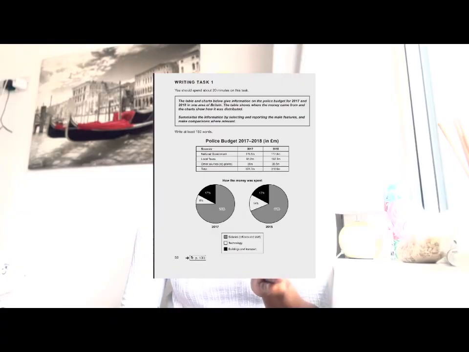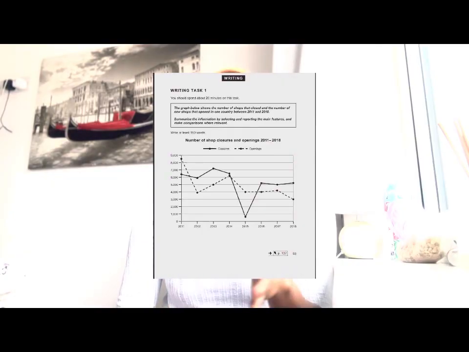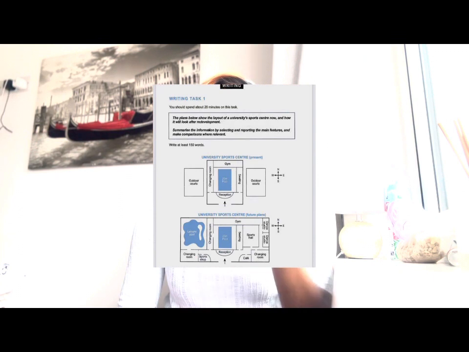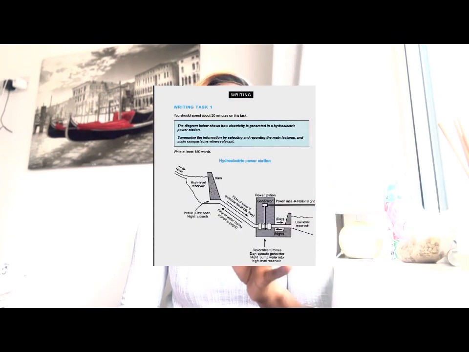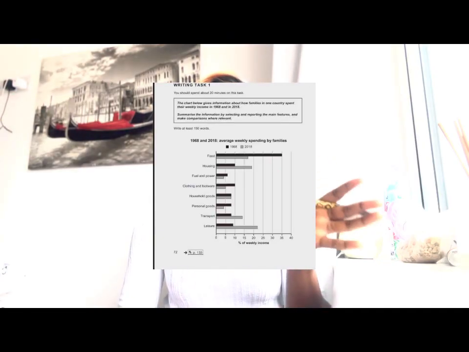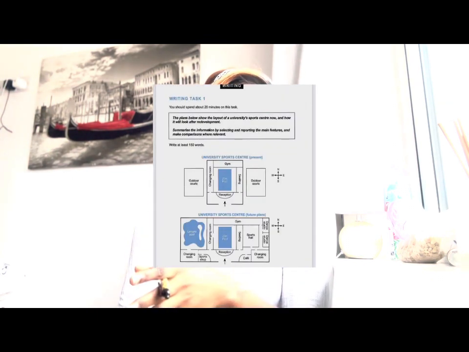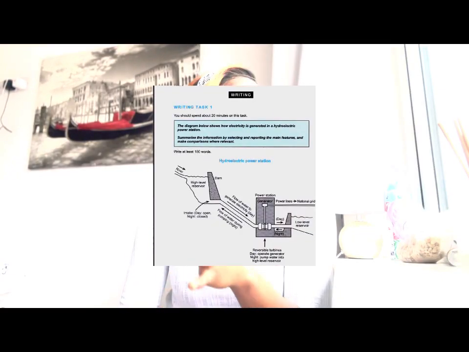You can have a pie chart, a bar graph, a histogram, a linear graph, and then maps and processes. I'll put all of them on the screen for you to see. This is how a pie chart looks. This is how a bar graph looks. This is how a map looks. This is how a process or a cycle looks.